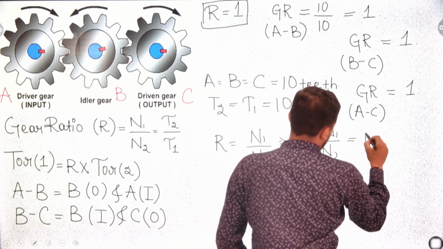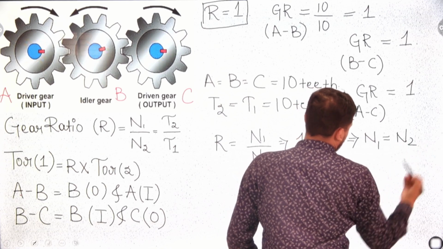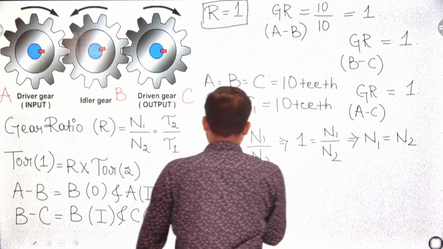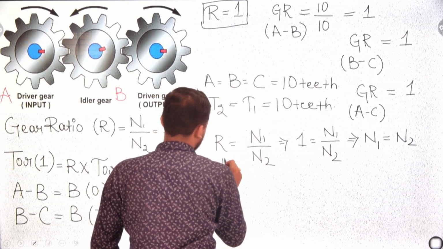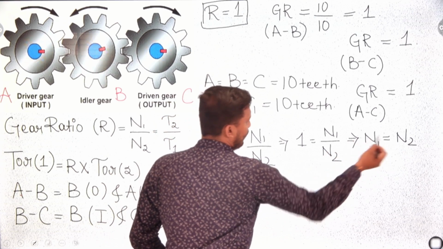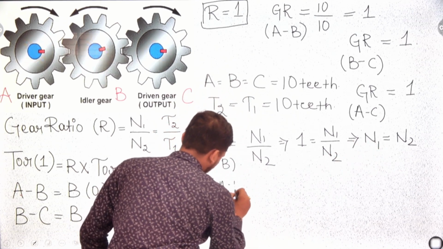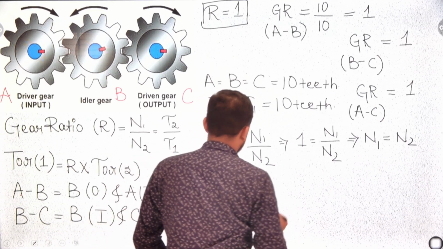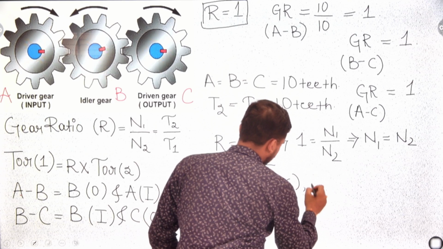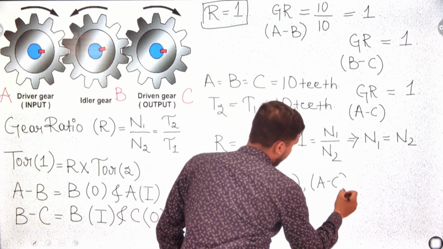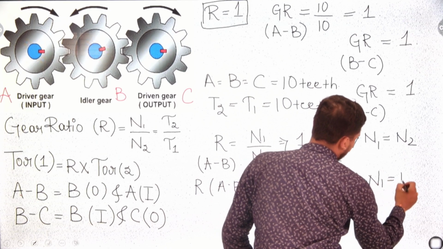Whether you take A to B, B to C, or A to C directly, you get one relation: N1 is always equal to N2.